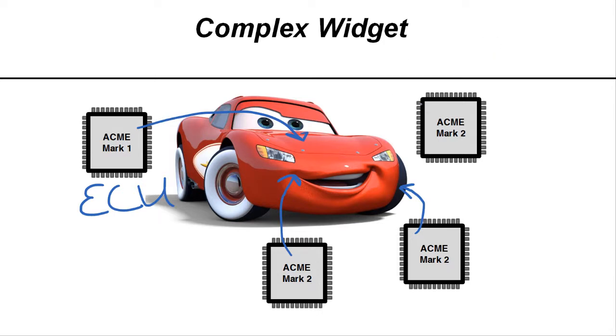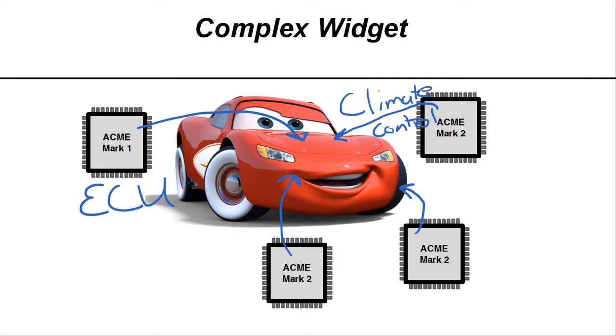We may have sensors on the dash, or just temperature sensors distributed through the cabin. We may have a whole Acme Mark II dedicated to climate control, regulating the temperature of the cabin.